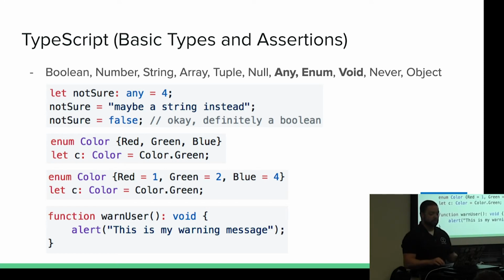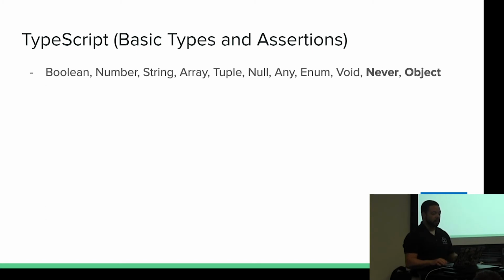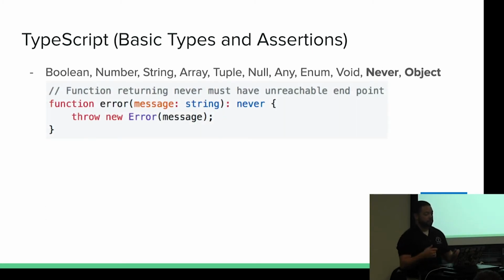Now, moving on to the final two types and assertions, we have another function called error. The never type is very, very seldom used, and it's used in a lot more advanced cases, but in this case we're showing you a slightly contrived example where the function should never reach the bottom of its execution because we're always throwing an error in here.